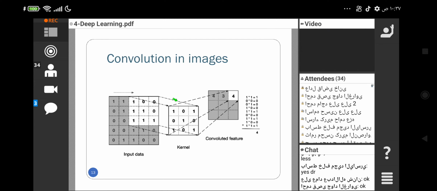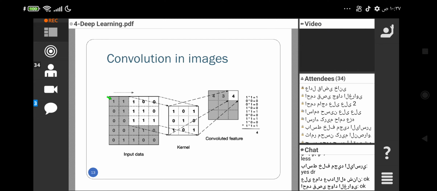For example, assume that this is our data. I told you that this is the input data, and that the image is like a matrix. This is the input image that we have here.